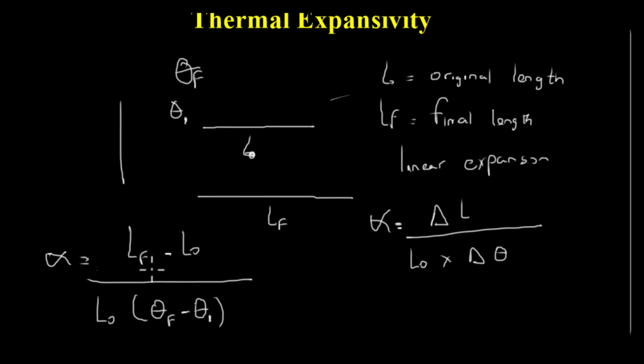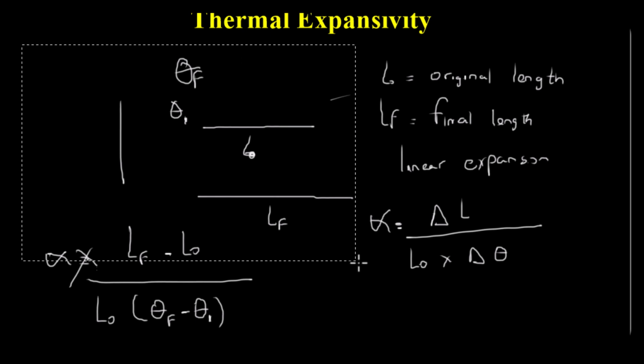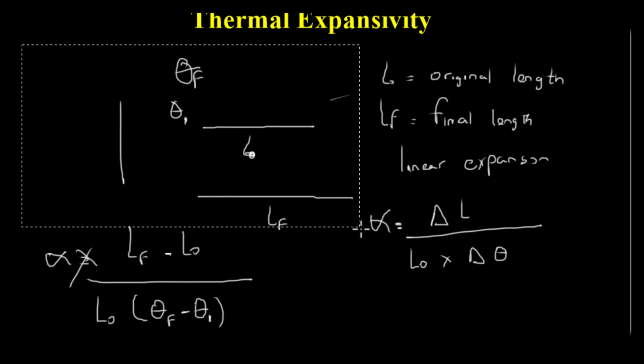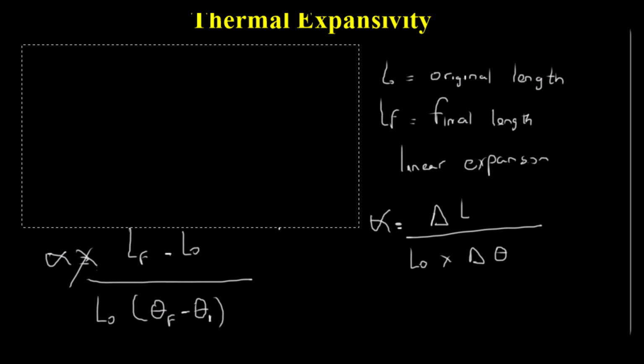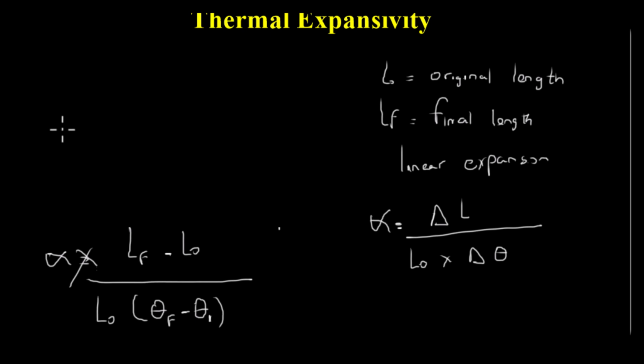So whichever one you are looking for, if you are looking for LF, just make LF the subject of the formula by cross multiplying. Then we have LF minus L naught is equal to alpha L naught.